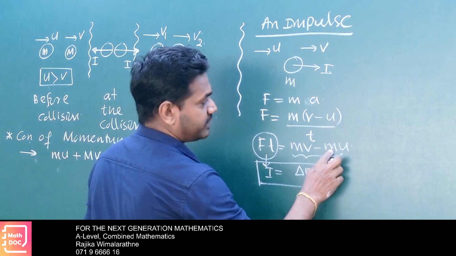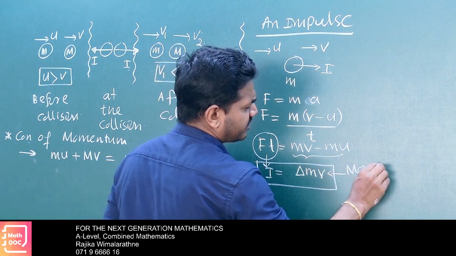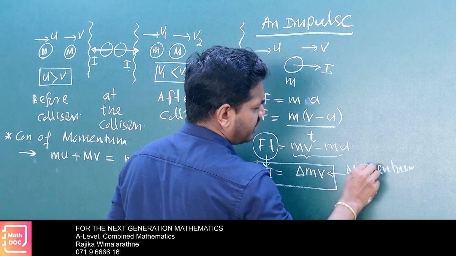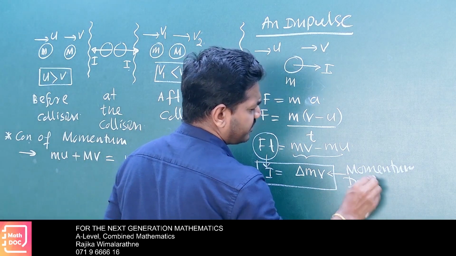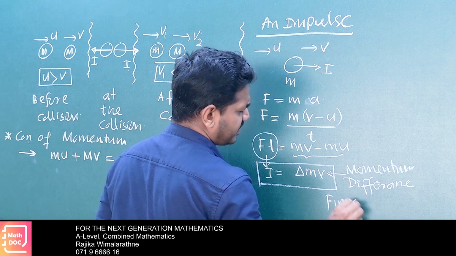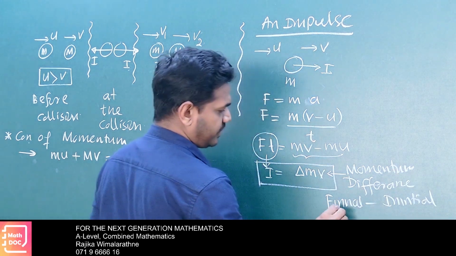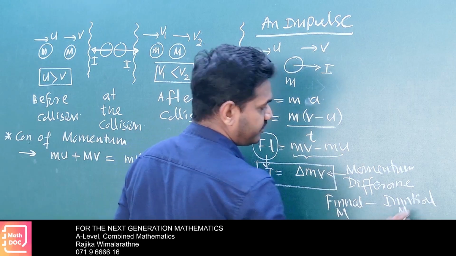Here momentum difference is final momentum minus initial momentum.